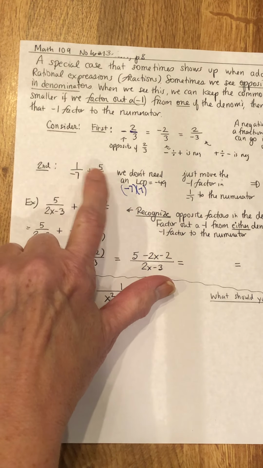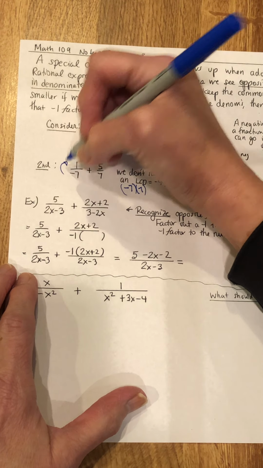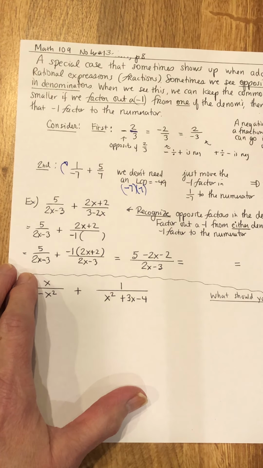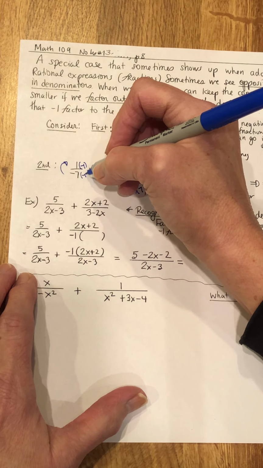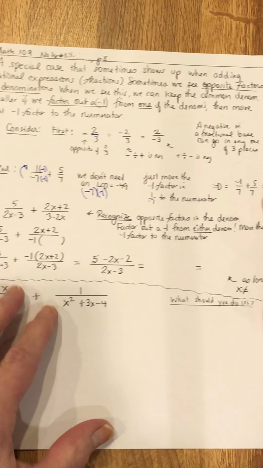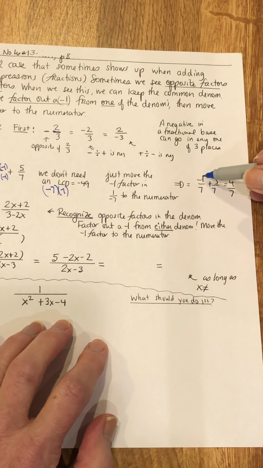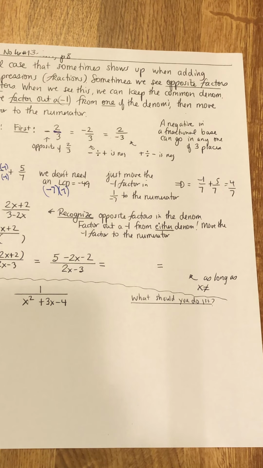We just realize these are opposite factors, and we can just move the negative up to the numerator, or we can think of multiplying top and bottom by -1, which is what we'll do when we have algebraic expressions. And then we have -1/7 plus 5/7. Voila, we already have a common denominator. That's just 4/7.